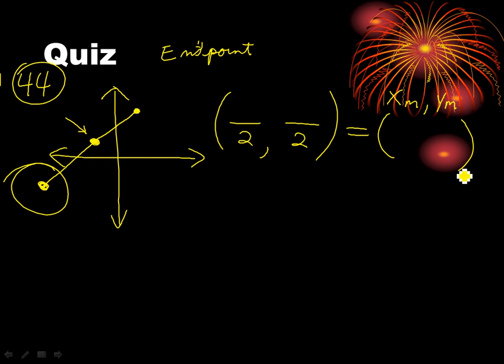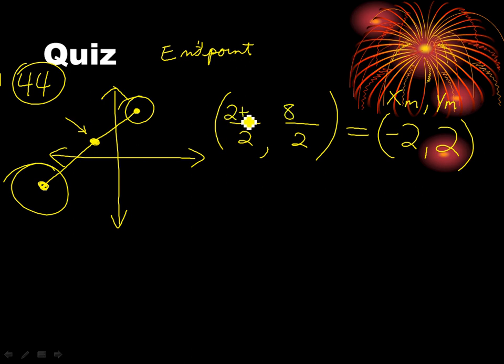What were the coordinates of the midpoint? Negative 2, 2. So that's over here. What were the coordinates for this point up here? 2, 8. So one of the x's was 2, the y was 8.